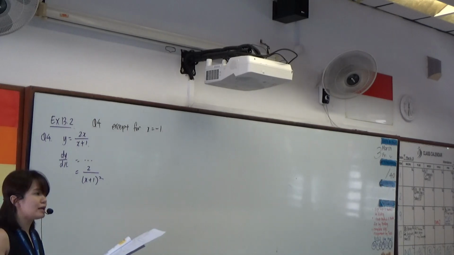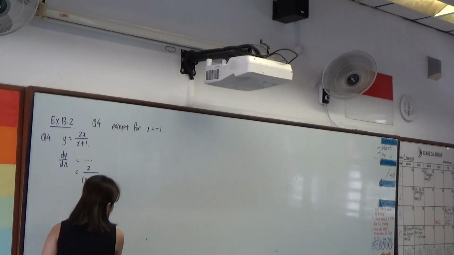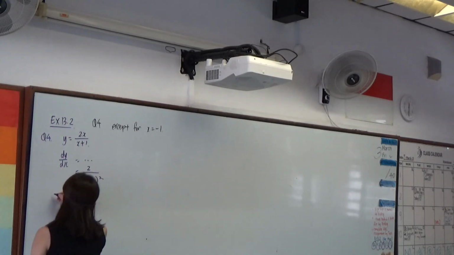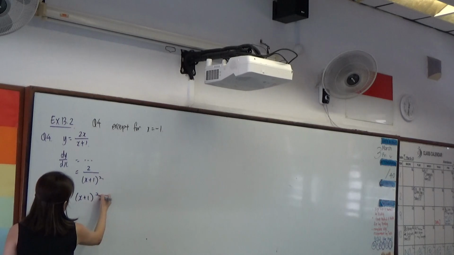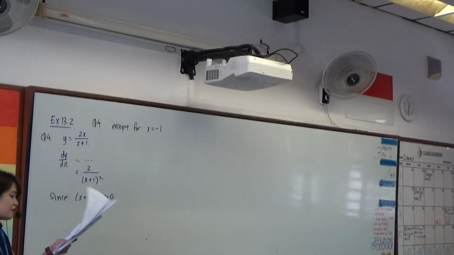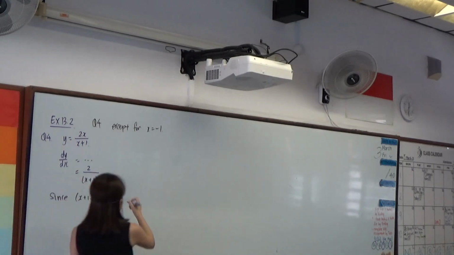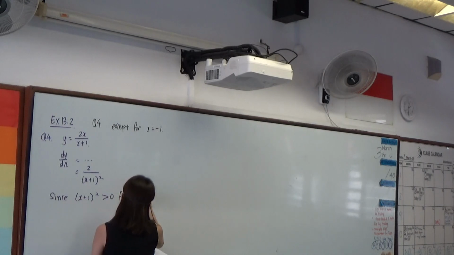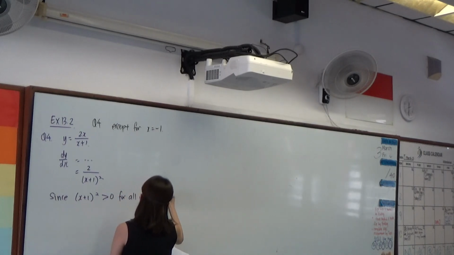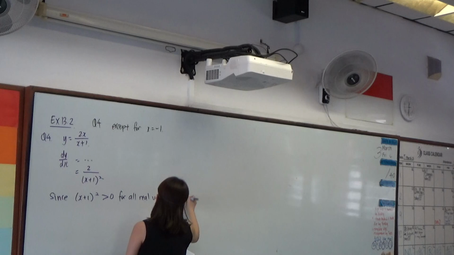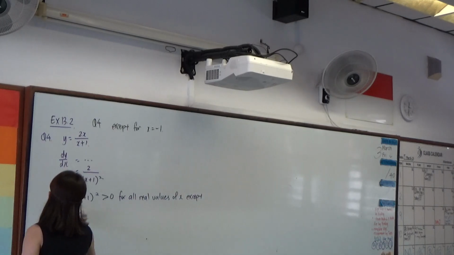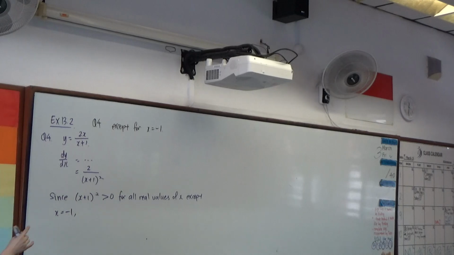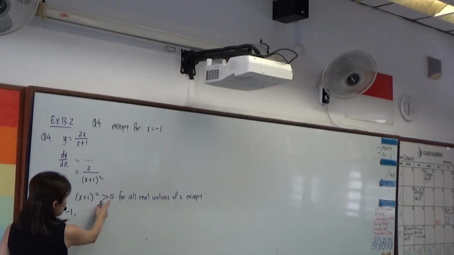Okay, so since we want to show that it is an increasing function, we have to say that since x plus 1 squared is more than 0 for all real values of x, except x equals to -1. Because if x is equal to -1, this will be 0.